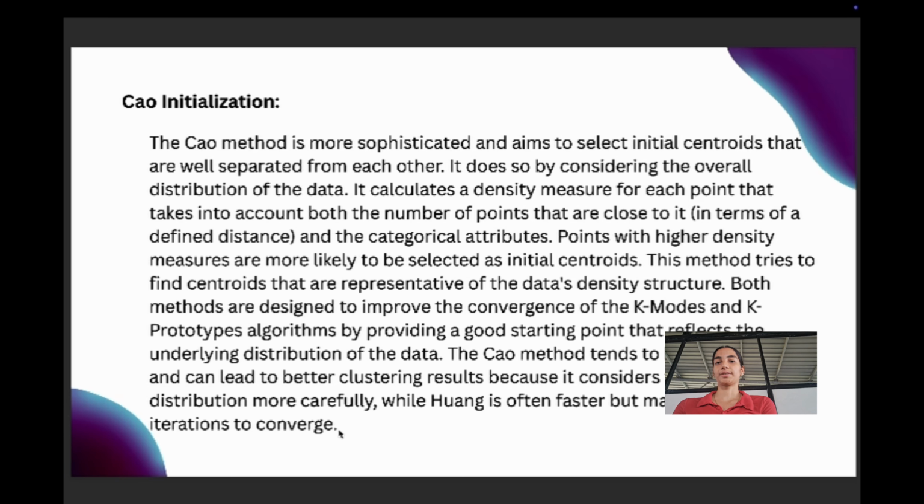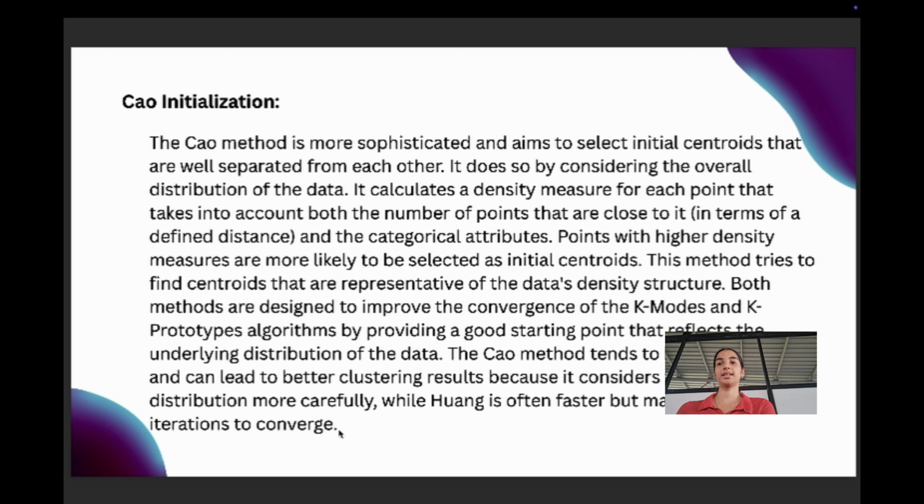Cao initialization. The Cao method is more sophisticated and aims to select initial centroids that are well separated from each other. It does so by considering the overall distribution of the data. It calculates a density measure for each point that takes into account the number of points that are close to it in terms of the defined distance and the categorical attributes.